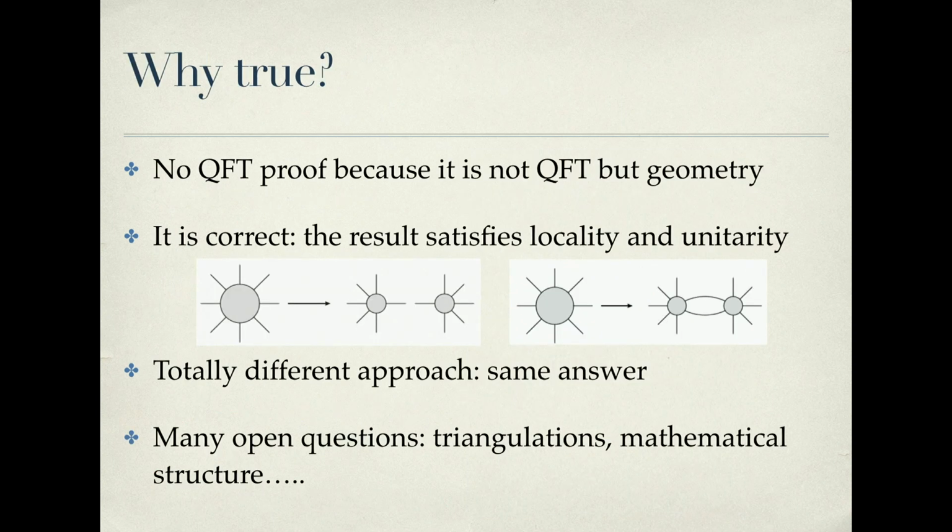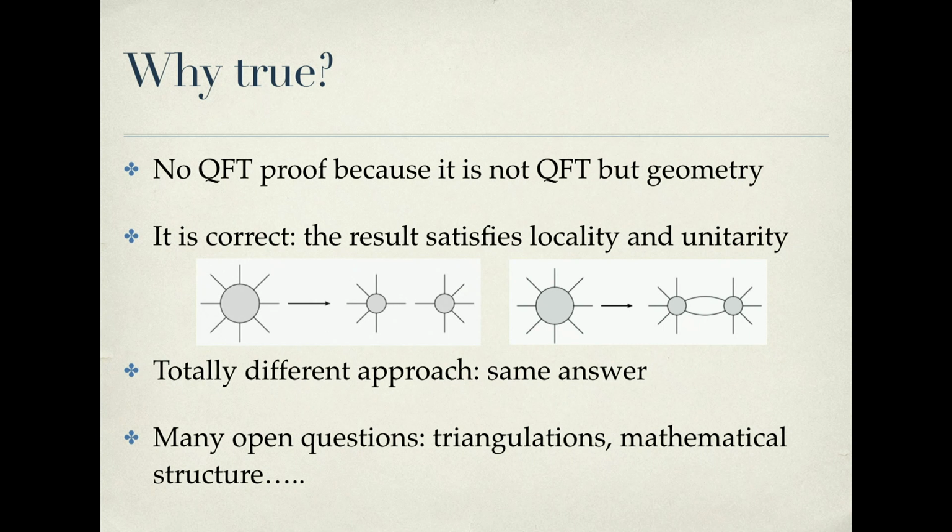Okay, so why is all this true? Of course, there is no quantum field theory proof, because we didn't start with anything which looks like physics, so there is no derivation, there are no recursion relations, there is no Lagrangian-based derivation, nothing, because we just say that there is this geometry and there is this volume of this geometry or logarithmic form.